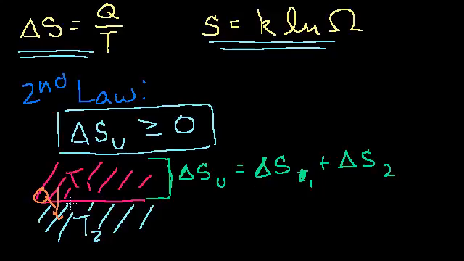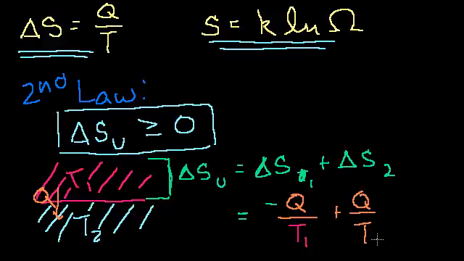It loses Q at a high temperature. So this equals minus the heat given, Q over the hot temperature T1. And then we have the heat being added to system 2, so plus Q over T2. This is the change in entropy for system 2, right? This guy loses the heat and is at temperature 1, which is a higher temperature. This guy gains the heat and is at temperature 2, which is a colder temperature.